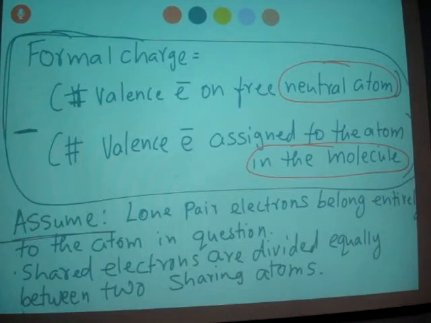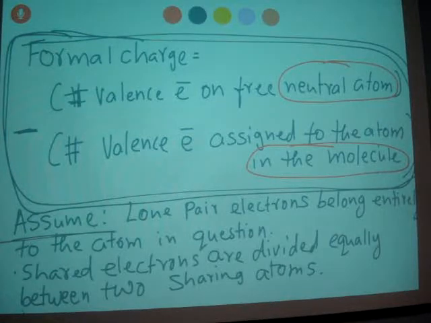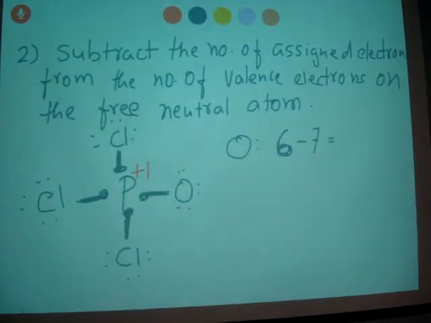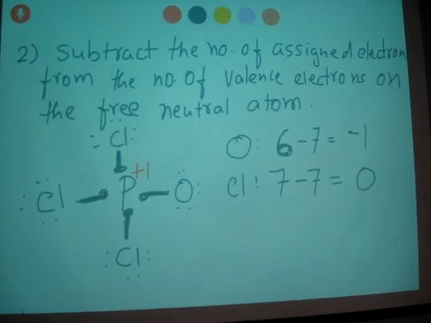Following this, valence electrons on a free neutral atom minus valence electrons assigned to the atom in the molecule. So it's 6 minus 7, which is -1. And for chlorine, we have 7 valence electrons and 7 assigned, which gives 0.